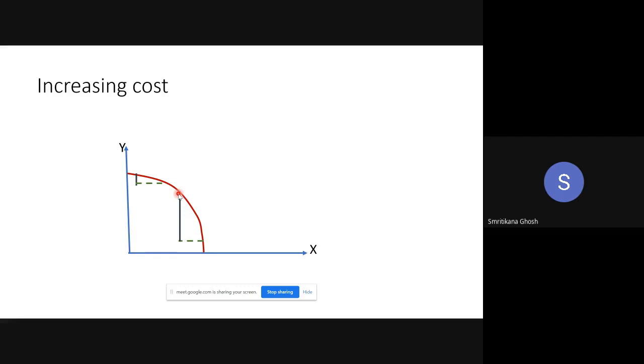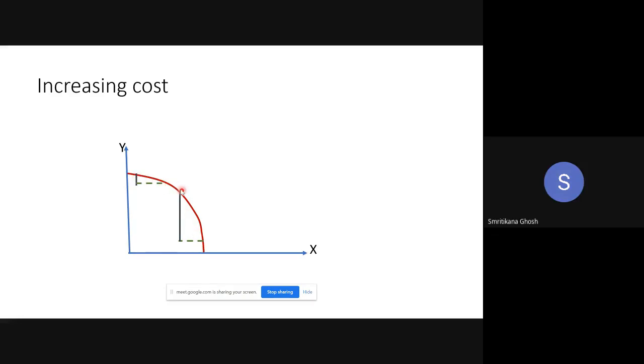Any question? Is it clear? No, ma'am, it is clear now. Ma'am, from seeing the graph, we can understand at which points the factors are productive. Yes.